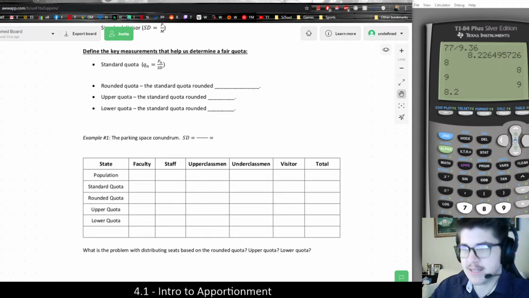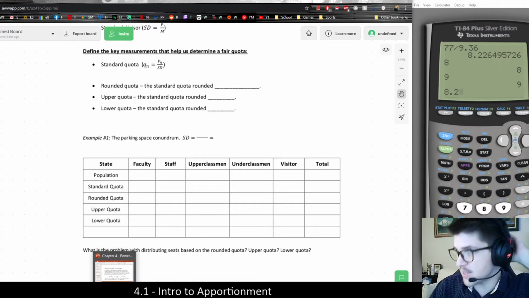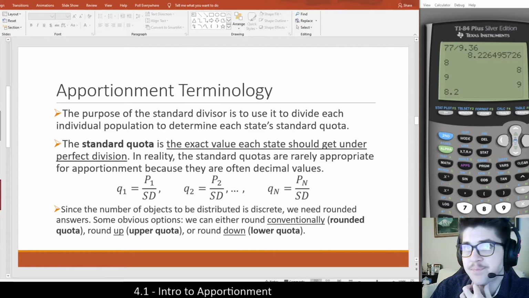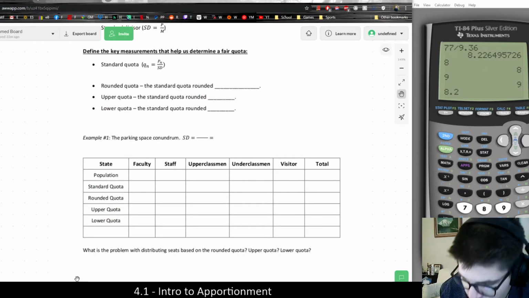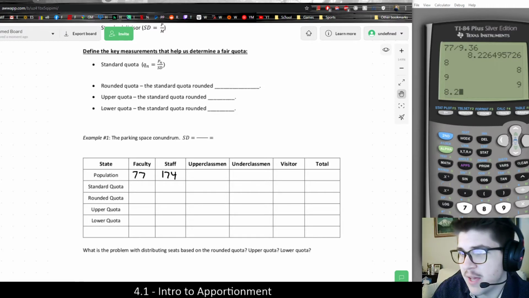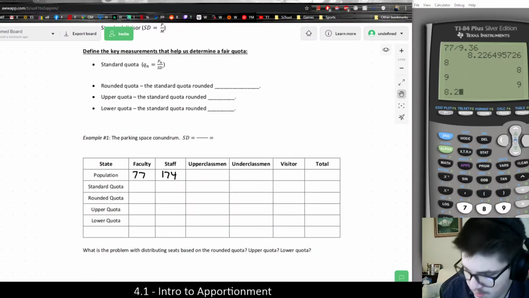For that example, let's say we were actually going to apportion each of the parking spaces to the different groups. What it all starts with is the standard divisor, but what I suggest doing is to make a table with all the numbers and information in it. So in this problem, we had 77 faculty members, 174 staff members, and then we had 295, 240, and 150.